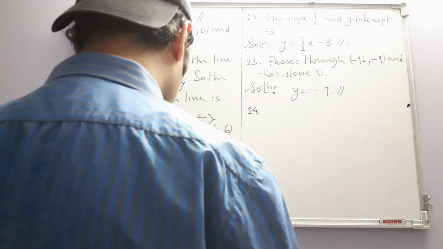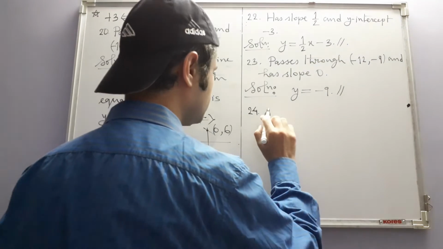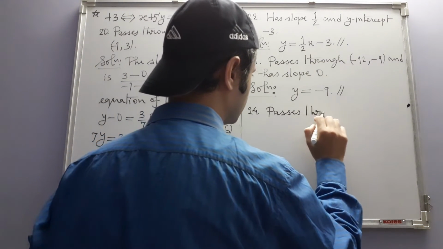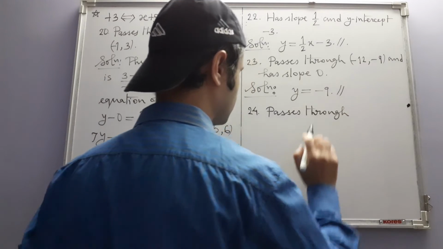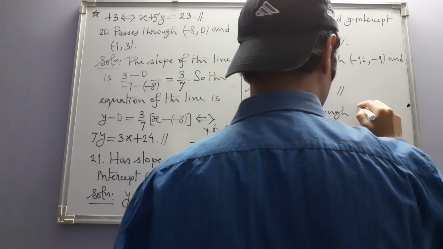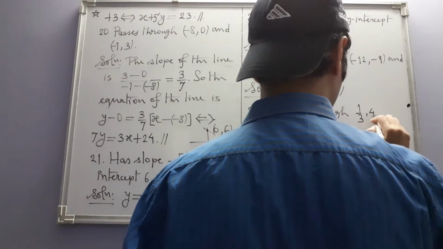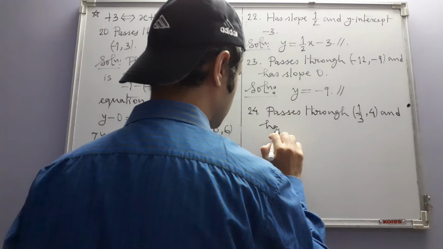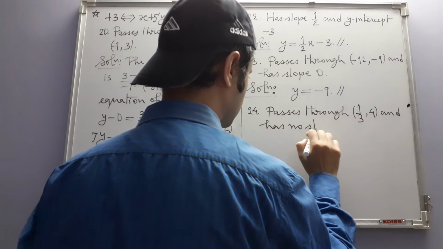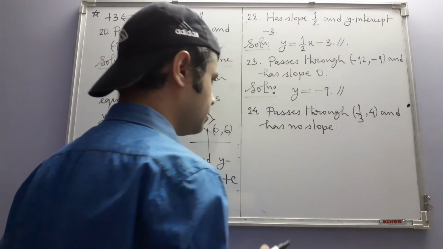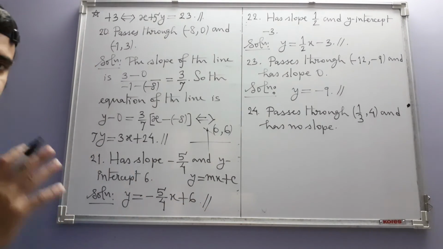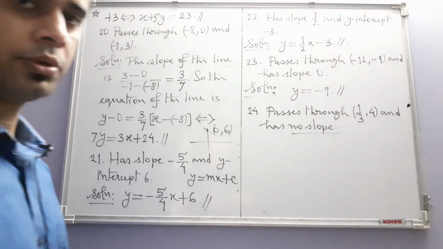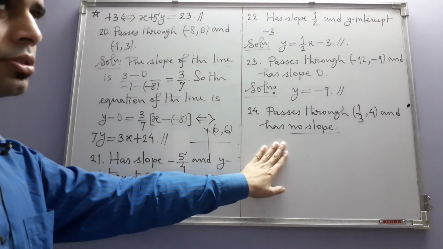24 passes through and has no slope. Okay, I think I said something wrong about this phrase no slope.